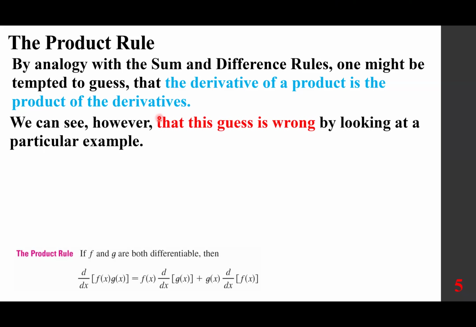For example, we can see that this guess is wrong by looking at a particular example. Let f of x be x, g of x be x squared. By the PowerPoint, the derivative of this is 1, and this is 2x.